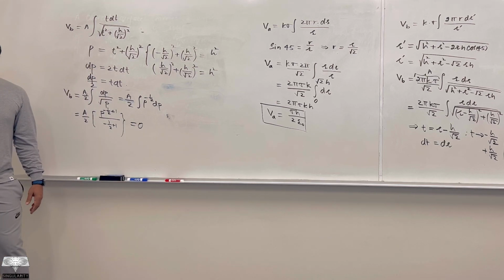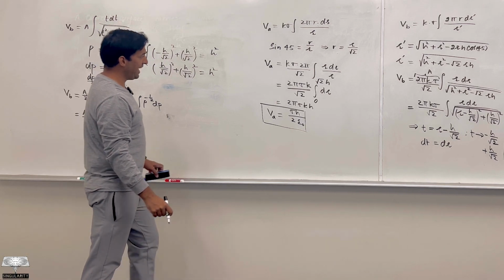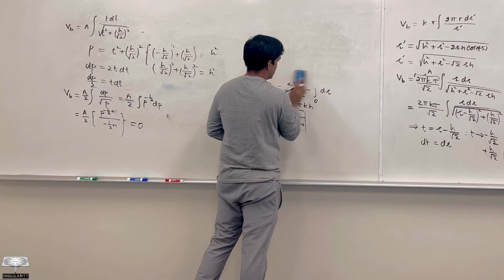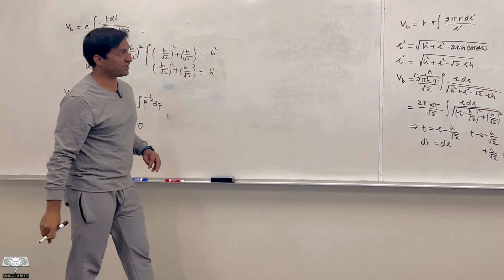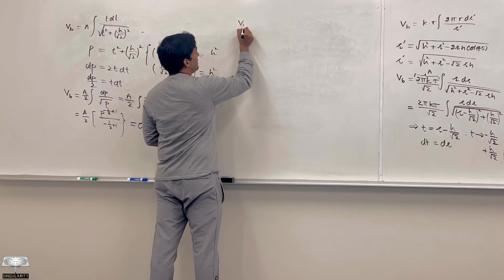Now we have to compute the second integral. Just remember this value for the potential at point A, and the second integral is VB.